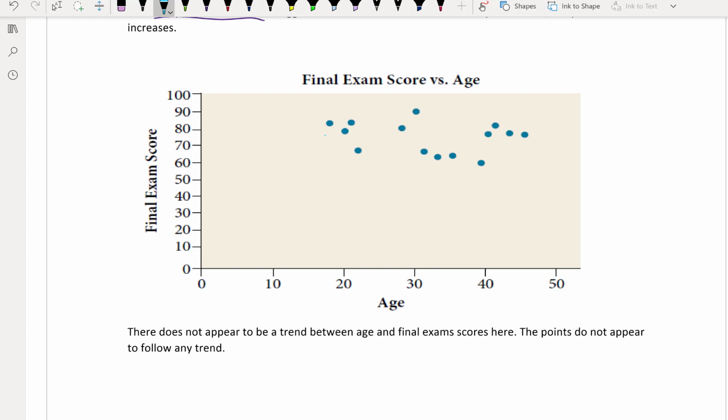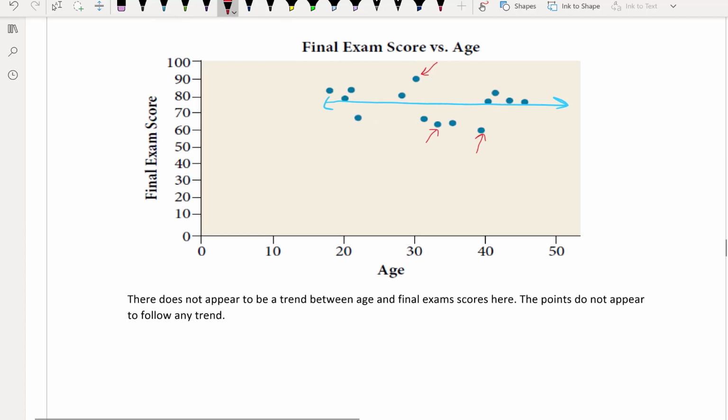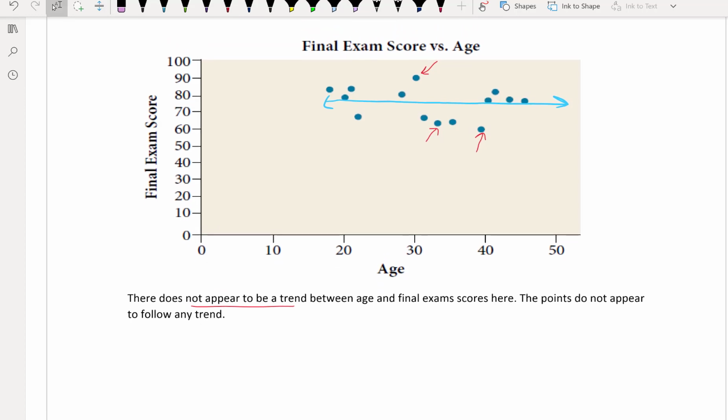Notice if I were to draw a line through these points, these points are very far away from the line. Because of that, we say that there does not appear to be a trend between age and final exams here. So it doesn't matter how old you are. Your final exam score is not dependent on how old you are, which may be a good or bad thing depending on how you look at it.